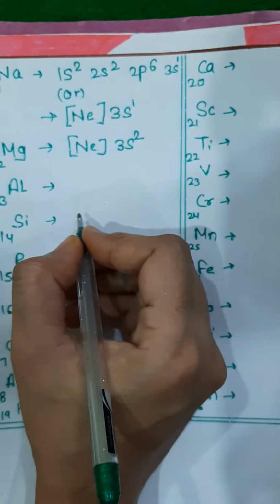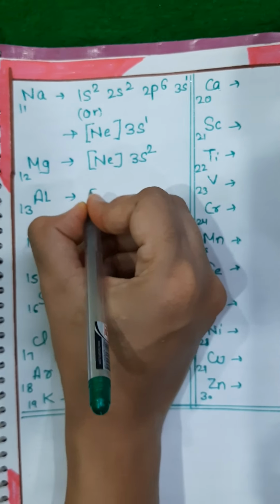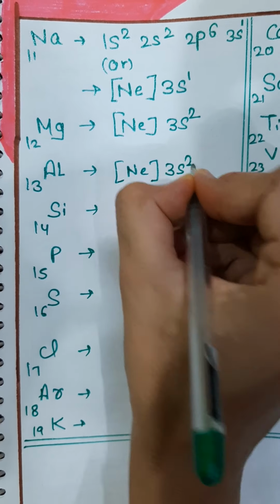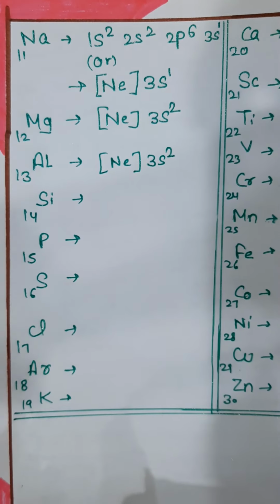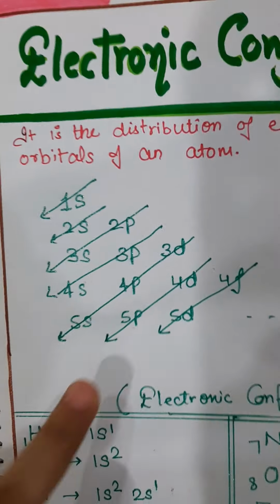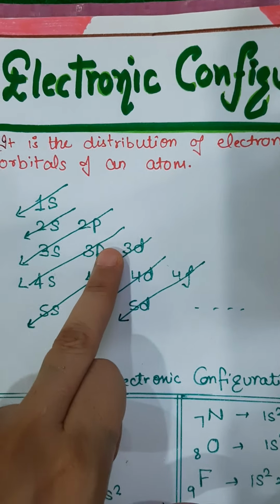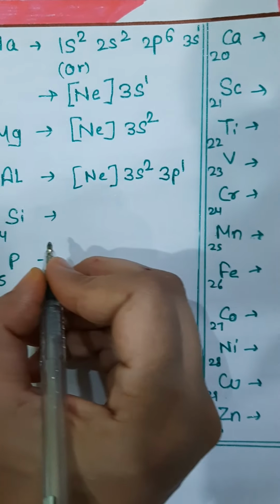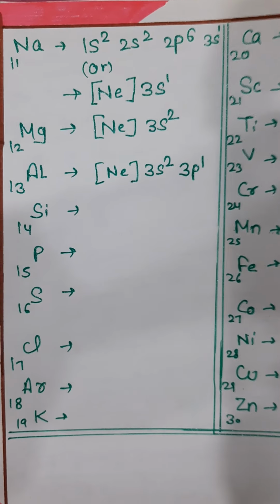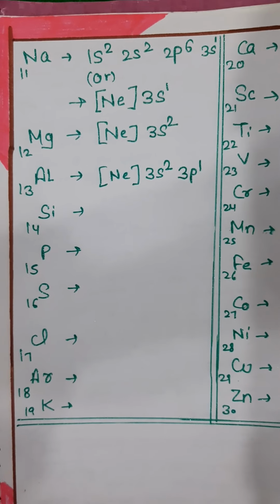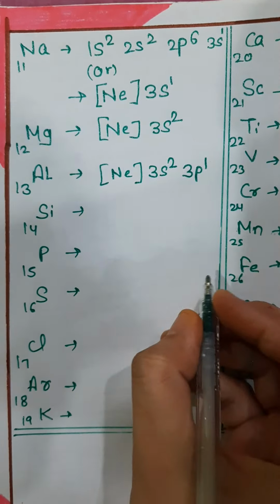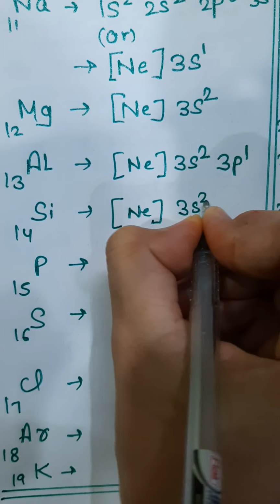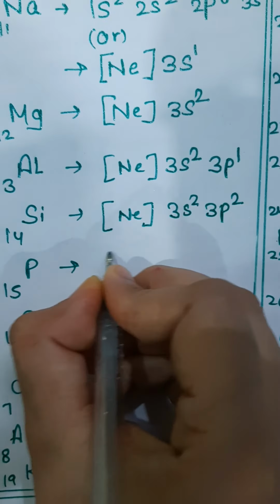For aluminium, 10 to 12, and after 3s the electron enters into 3p1. For silicon, 10 to 12 and to 14.